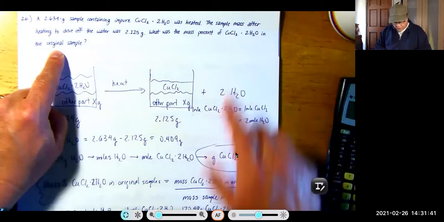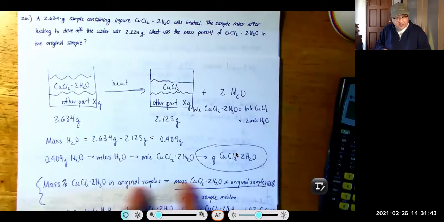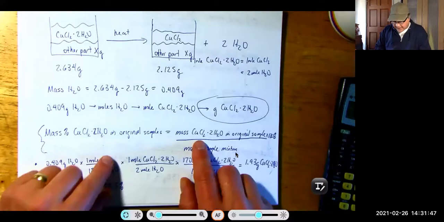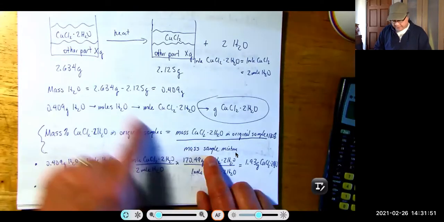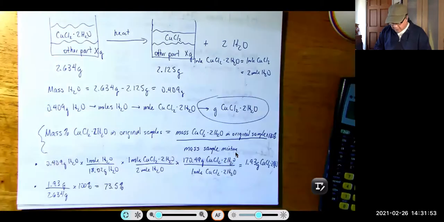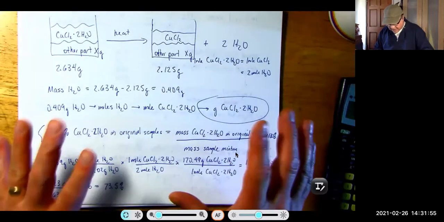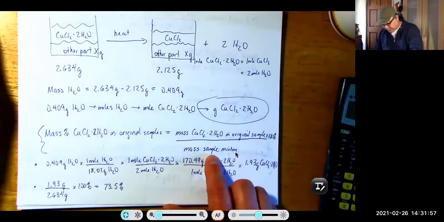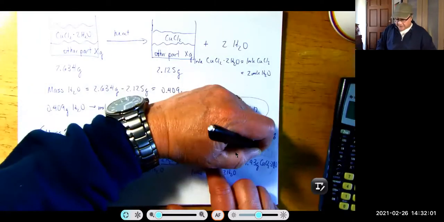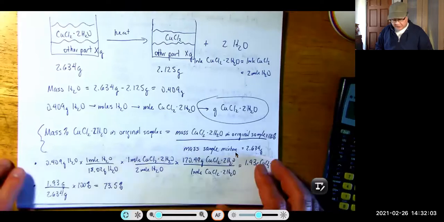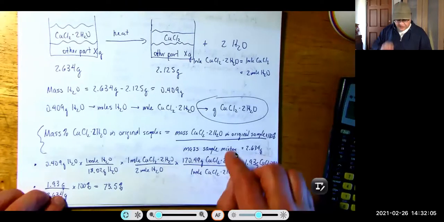The mass percent is the mass of copper(II) chloride in the original sample divided by the mass of the original sample. And then when you look at that, you say, oh, I know that number. That's 2.634. So now you just have to figure out the mass of copper(II) chloride in the original sample. And that's the tough one.